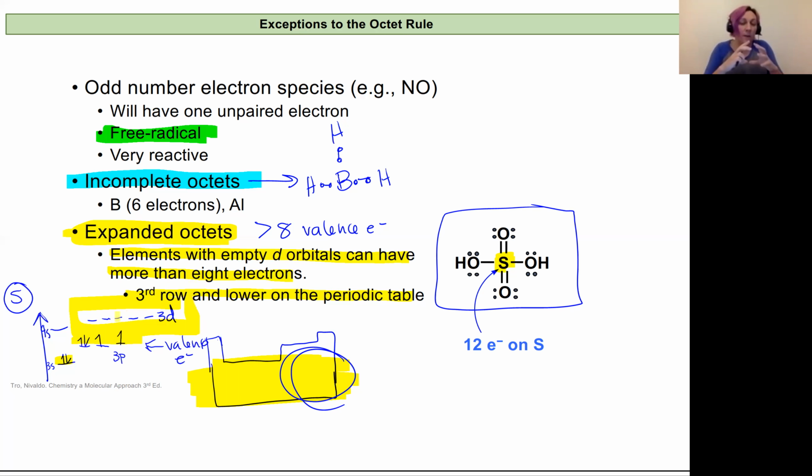We'll get into a much clearer picture of this in chapter 8 when we talk about valence bond theory and hybridization of orbitals. But for now, we can just say, here's this really cool thing. They can expand their octet, which really opens them up to different geometries, and it's really fascinating. And so if you have something in the third row or below, you don't have to obey the octet rule.